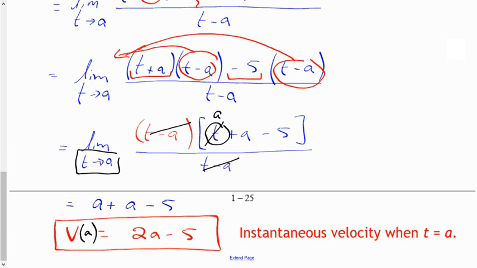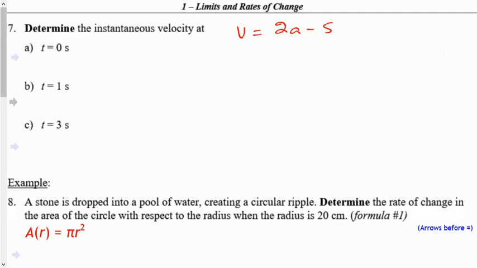Here's my velocity equation. Here I'm saying, well, if t equals 0, I could say a equals 0. I'm just going to substitute in, maybe I should show an extra step here. My velocity is equal to 2 times 0 minus 5, and I get negative 5.